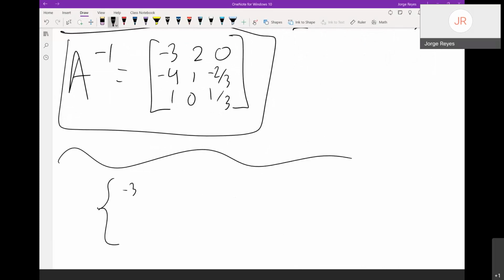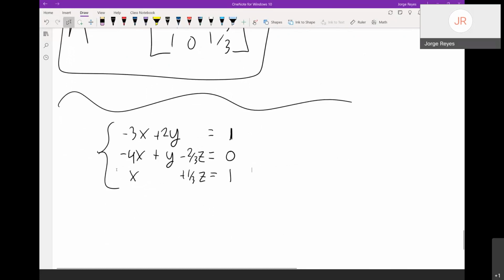Okay, so negative 3x plus 2y equals, and I don't know, hopefully I'm gonna try and make it nice. Negative 4x plus y minus 2/3 z equals 0. And then x plus 1/3 z equals 1.